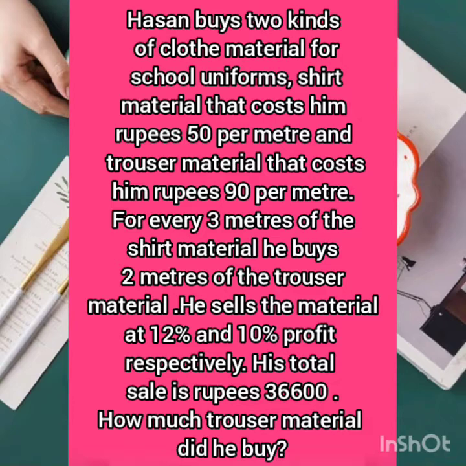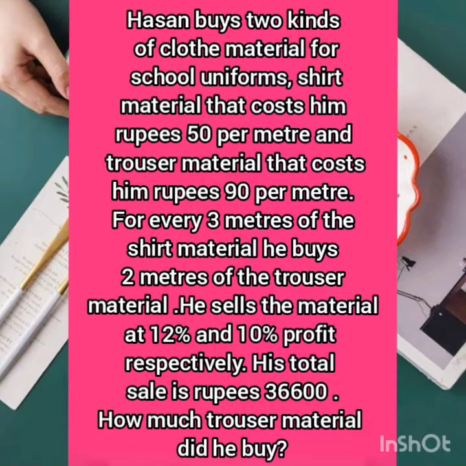For every 3 meters of the shirt material, he buys 2 meters of the trouser material. He sells the materials at 12% and 10% profit respectively. His total sale is rupees 36,600. How much trouser material did he buy?